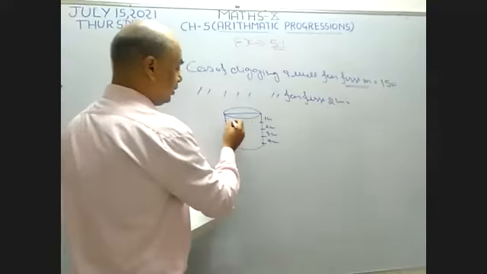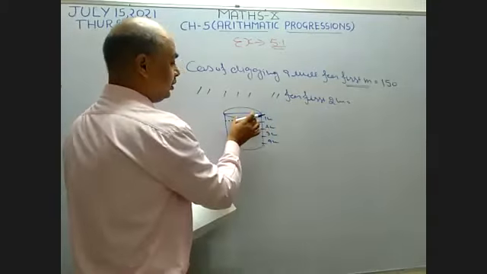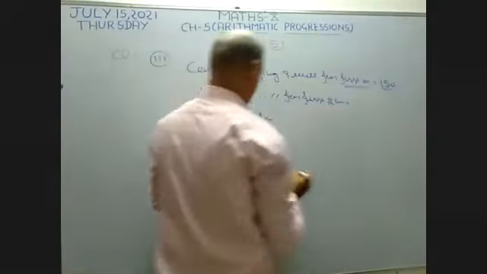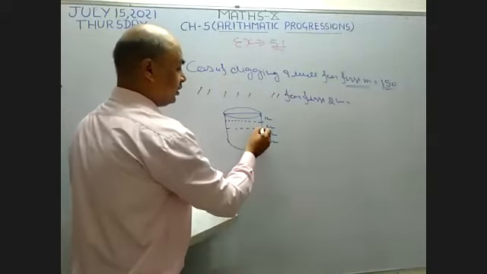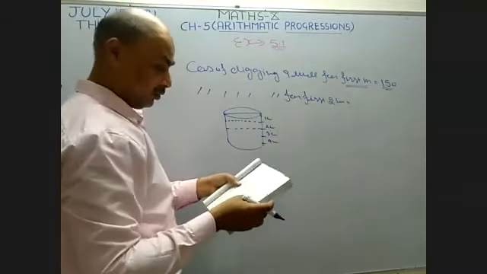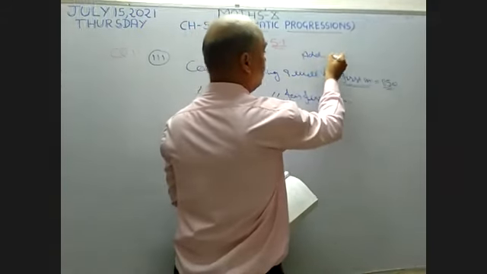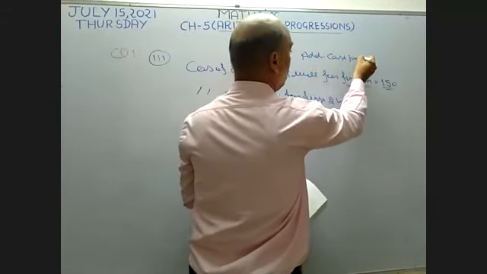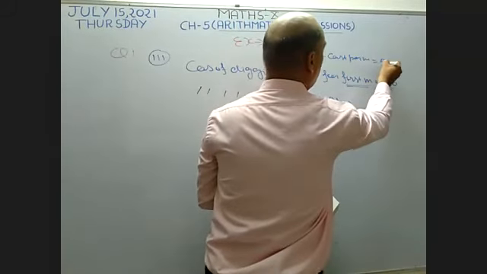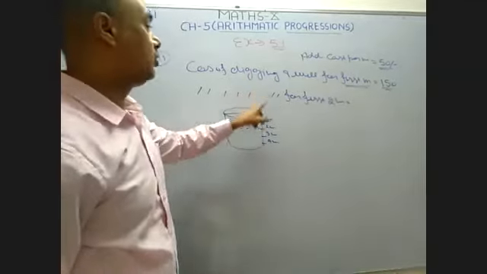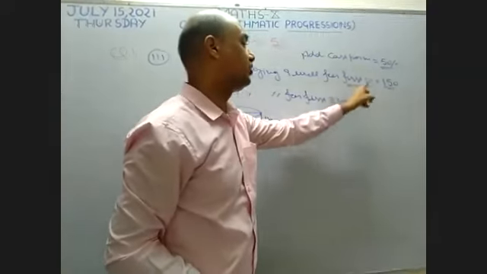If we dig the well up to this, the cost of digging the first meter is rupees 150. For digging up to the second meter, an additional charge of rupees 50 is given. Additional cost per meter is rupees 50. If we dig an extra 1 meter, we are going to pay rupees 50 for the extra meter.